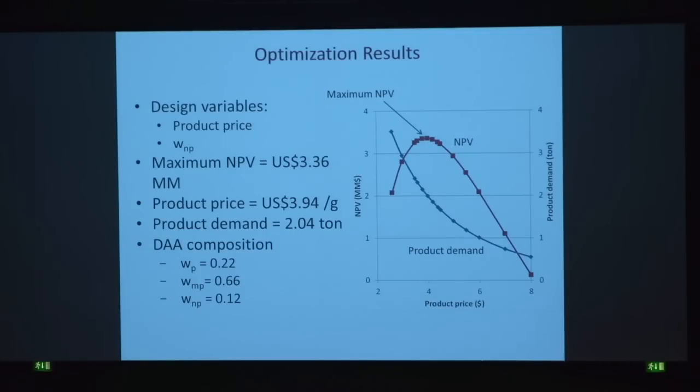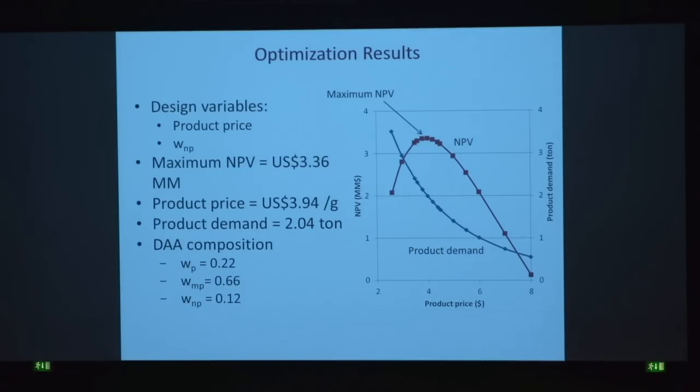With that, we can come up with the optimization results. We look at two design variables, the product price and the amount of nanoparticle in the DAA. It shows that the product price should be set at around $4 per gram, the product amount would be 2 tons per year, and the composition is indicated there.